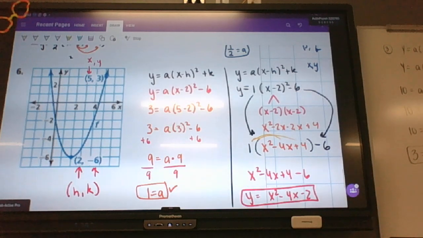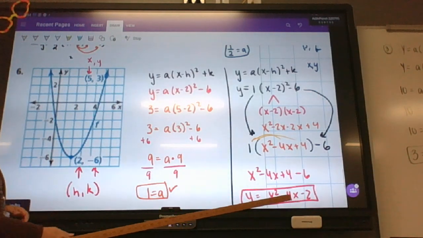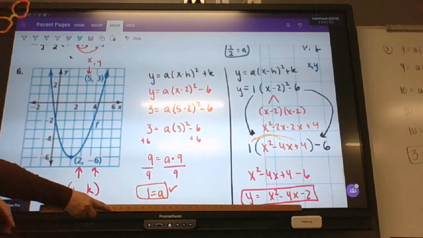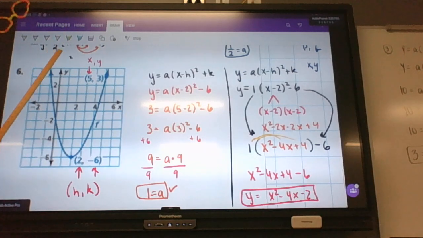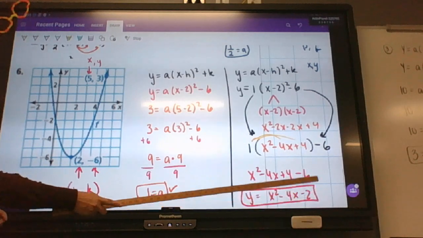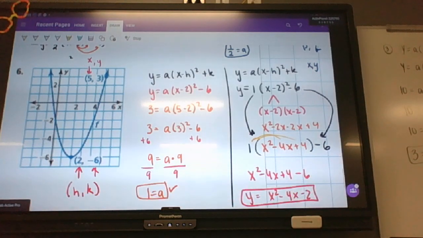There's a clue in my answer that tells me if I got it done right. Can you tell me the c-value here? Minus 2. Where should c show up on a graph? Your y-intercept. So let me consult the graph. Look at that, a y-intercept of -2, and my math resulted in a -2. That's kind of a cool check. It's all coming together. Very comprehensive.